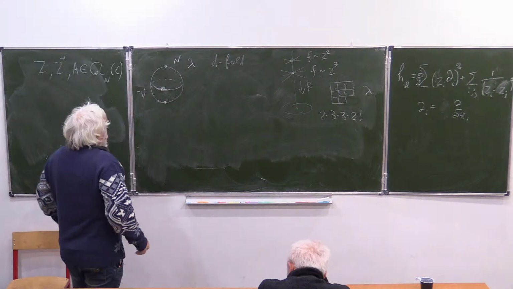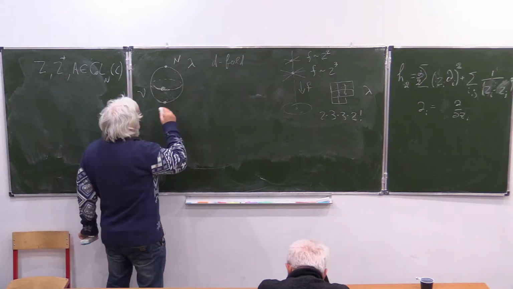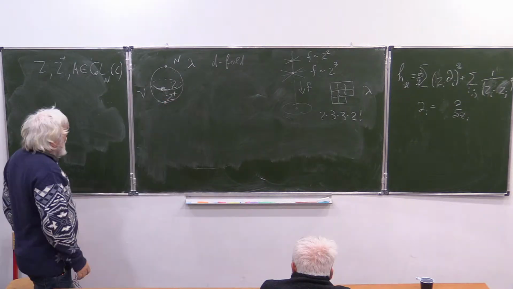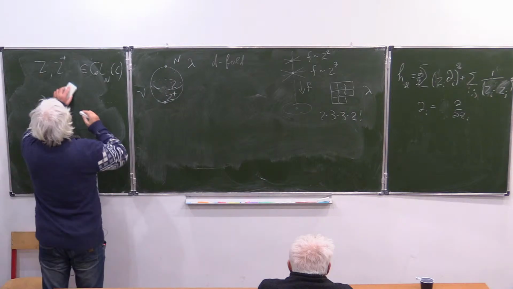And let us assign to this picture the following: to the sides of edges, we associate Z and Hermitian conjugated Z. Actually, let us consider two matrices A and B here.